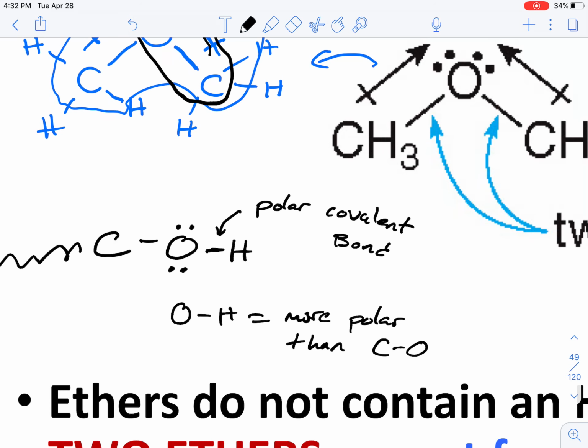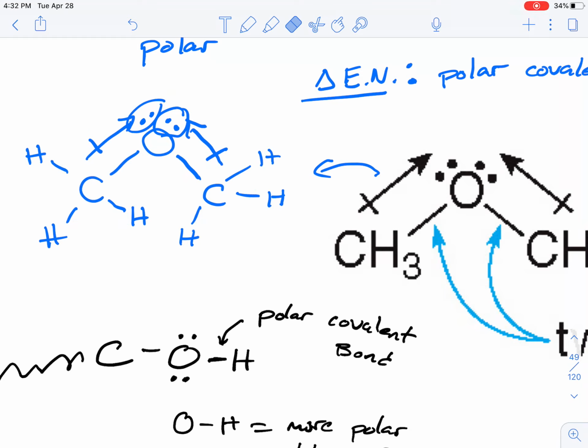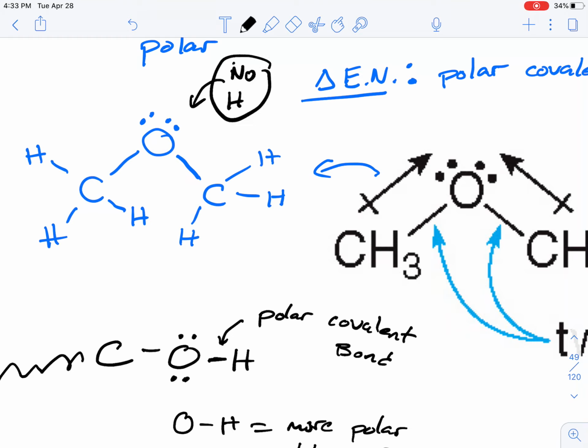And since this ether, lots of circles, let me simplify some stuff. So since this ether has no hydrogen, that means that ethers cannot create hydrogen bonds.